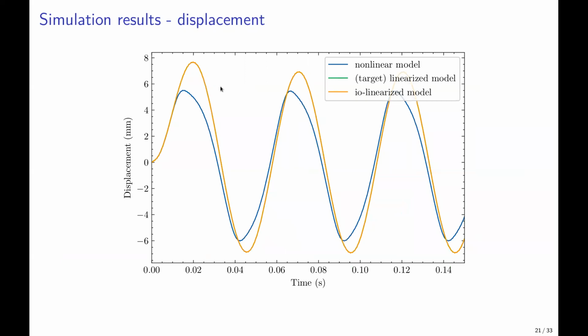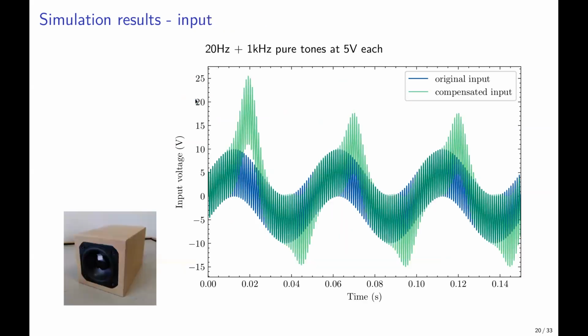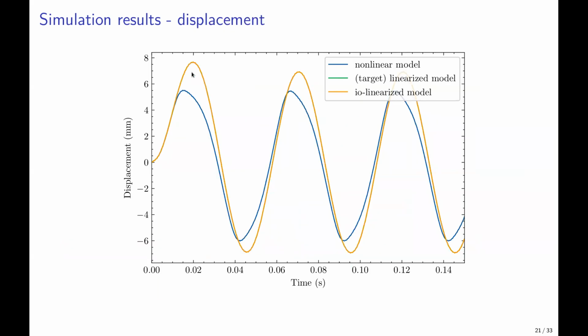So if you look here at displacement, this is the displacement of the voice coil from the resting position, then you can see that the nonlinear system has this distorted waveform, and it's exactly here, if I just go back, it's exactly here where we now need to put in more energy to move the speaker even further, right?